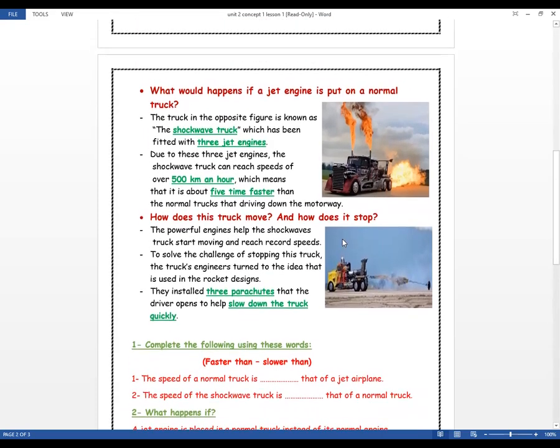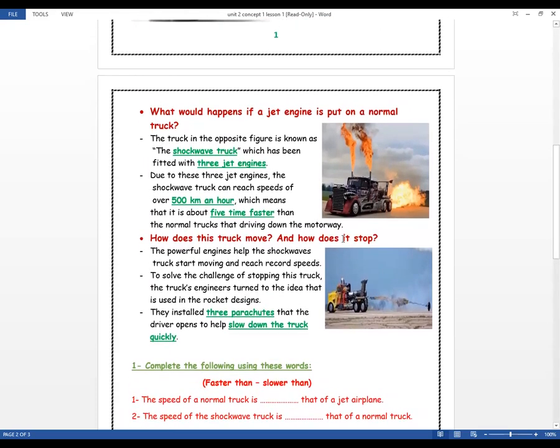Okay? After that, complete the following using these words. Number 1, the speed of a normal truck is slower than that of a jet airplane.